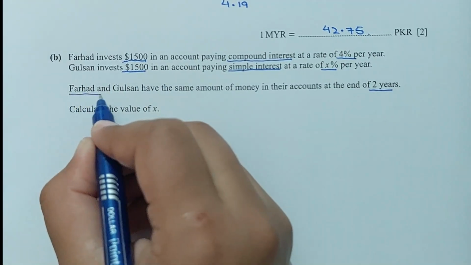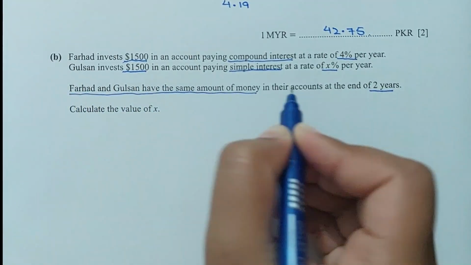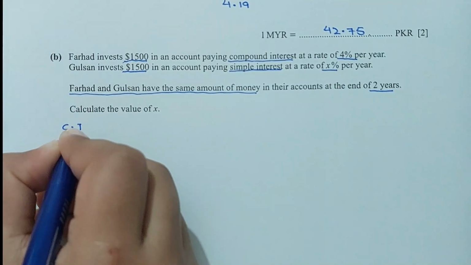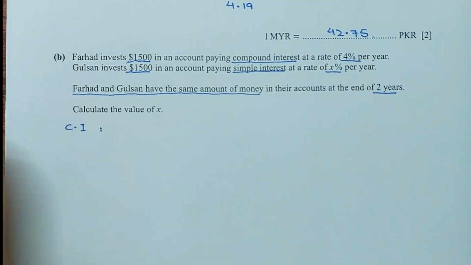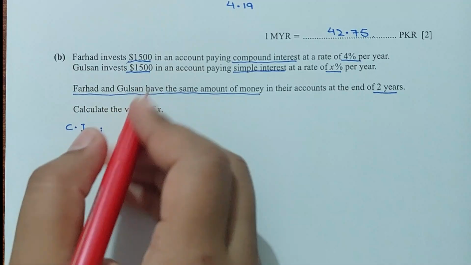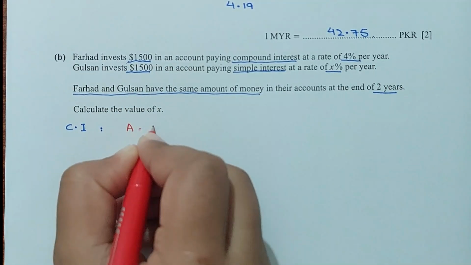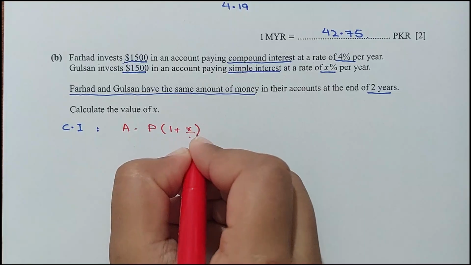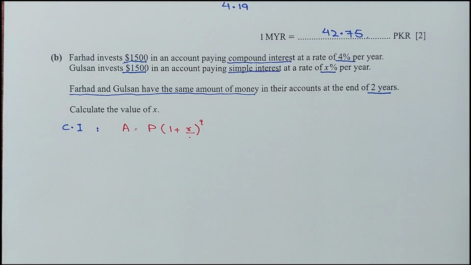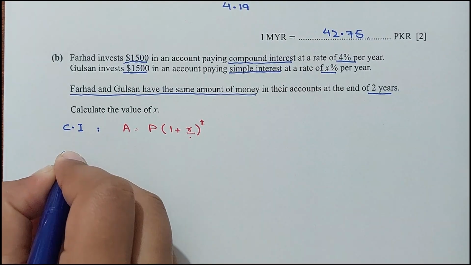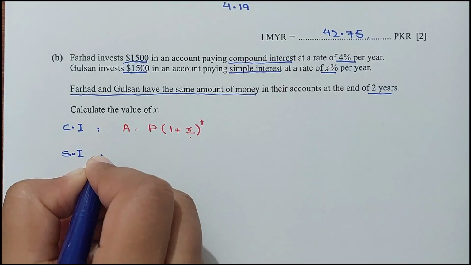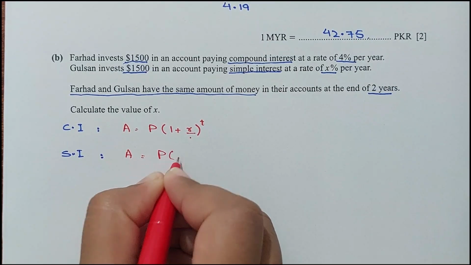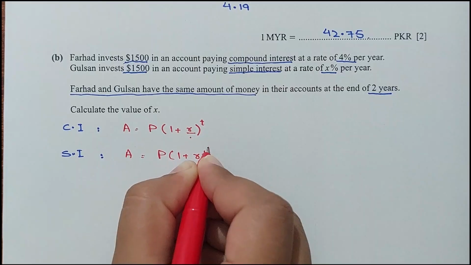So both have the same amount of money. For compound interest, we have the formula A equals P into (1 plus R) to the power T. And for simple interest, we have the formula A equals P into (1 plus RT).